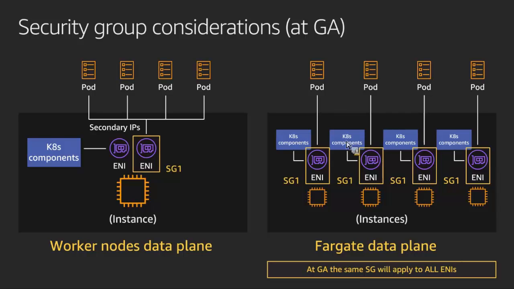So even though this model will allow in the future for more flexibility in assigning different security groups to different ENIs, at GA the way it works today is that we apply the very same security group to all of those ENIs, for simplicity and to avoid customers making misconfigurations on the system.